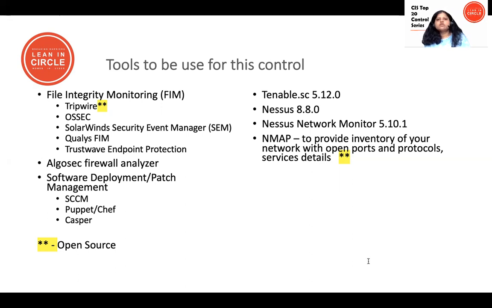The others have some money involved, but they are good to have in an organization. If you want to do some risk-taking or uptake analysis, please do so. But these are very useful tools to implement this control in your organization.